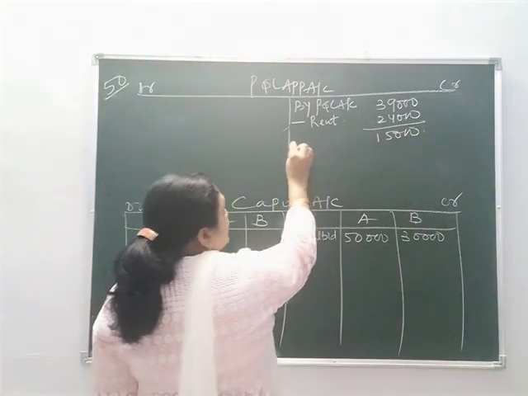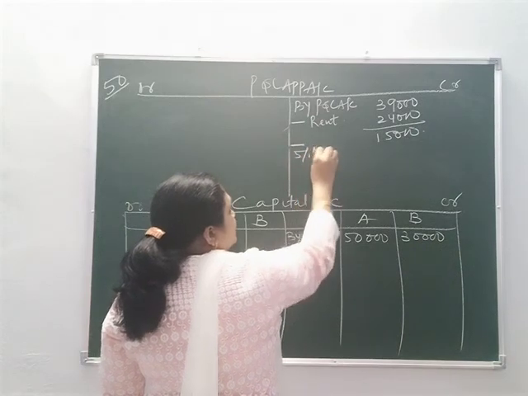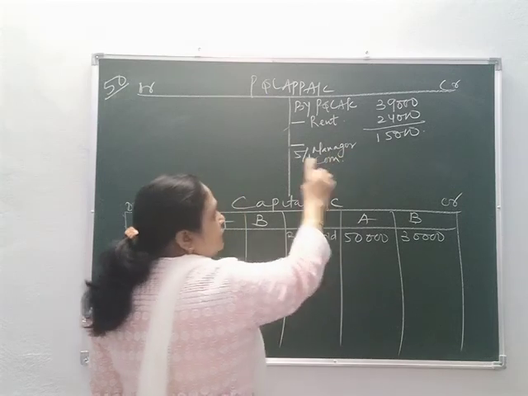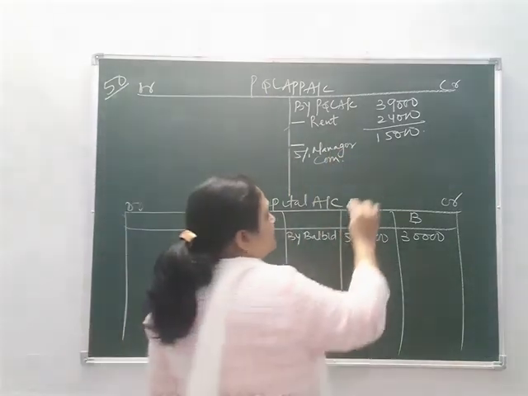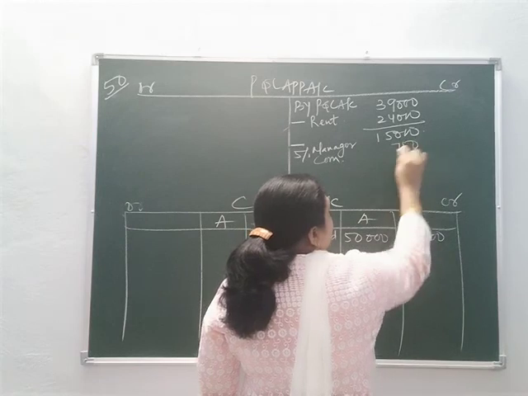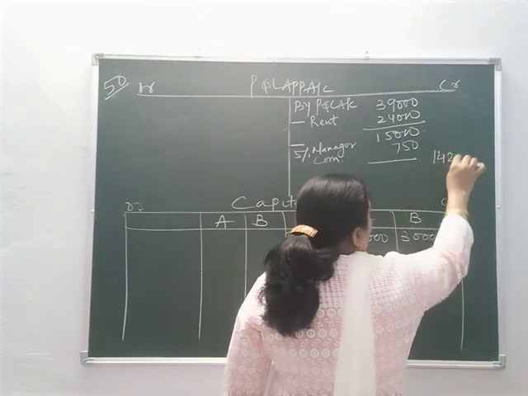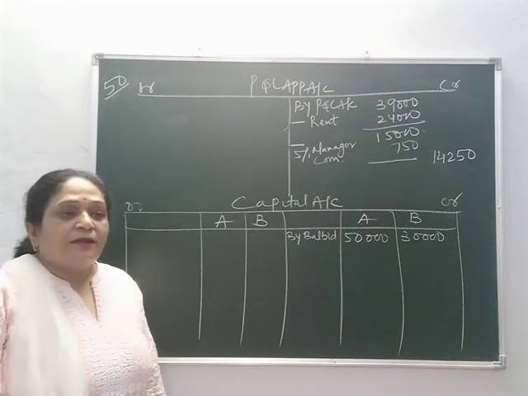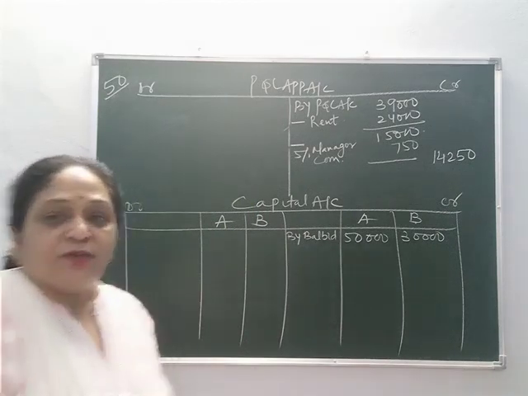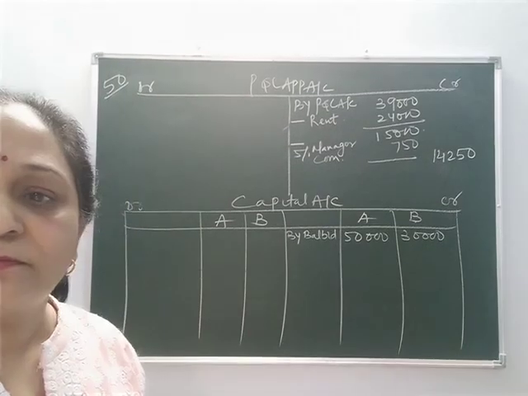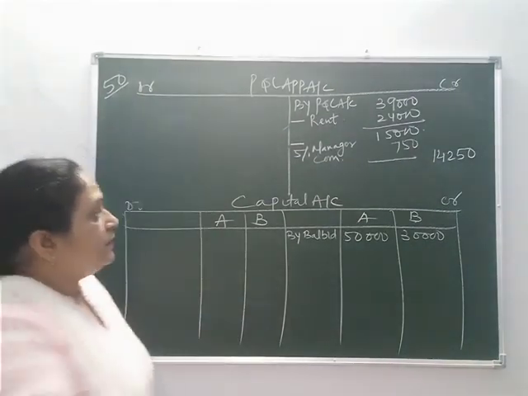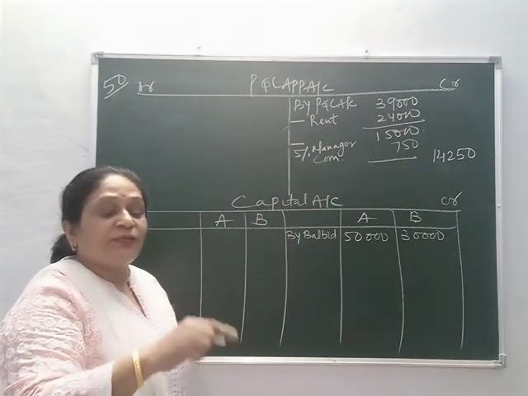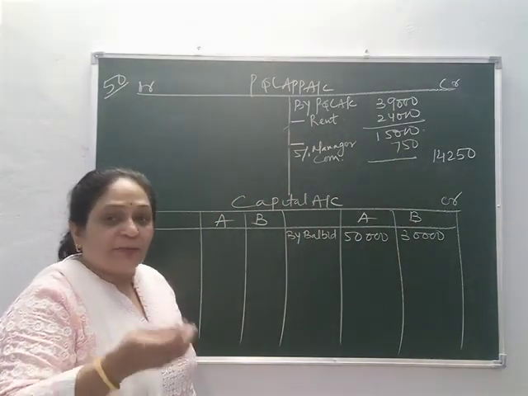On 15,000 you have to pay 5% manager's commission. So 5% of 15,000, how much? 750. So 14,250 is your net profit to be taken as appropriations. This is the profit as an appropriation to be made to the partners for interest on capital and all.